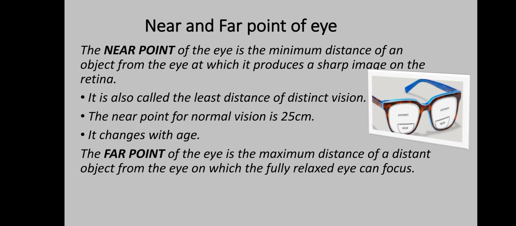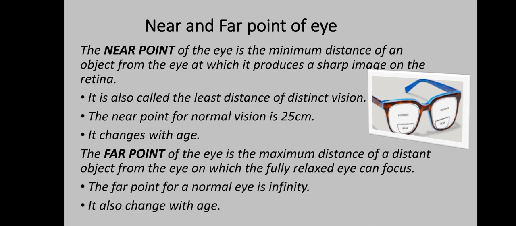The far point of the eye is the maximum distance of a distant object from the eye on which the fully relaxed eye can focus, which means without the aid of any spectacles or glasses you can see up to a maximum distance. It is not a fixed distance. The eye can see as far as the moon or stars, so we can say that the far point of a normal eye is infinity.